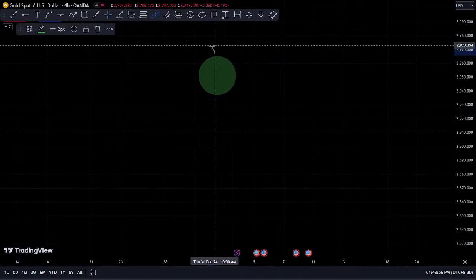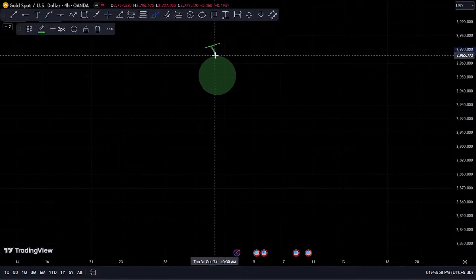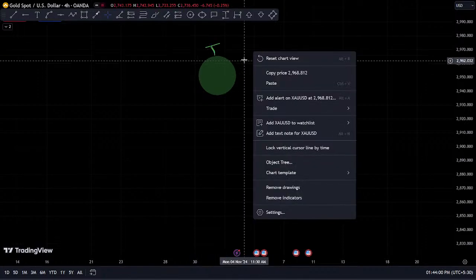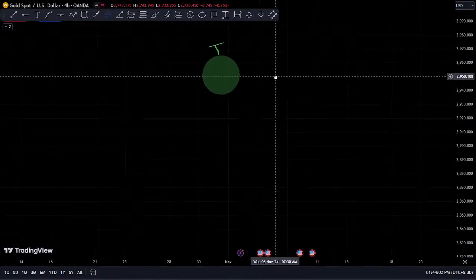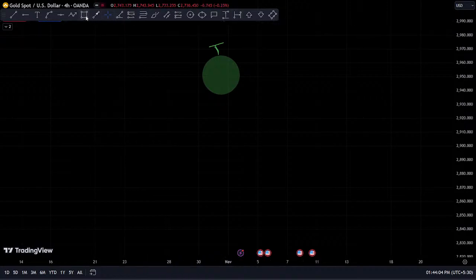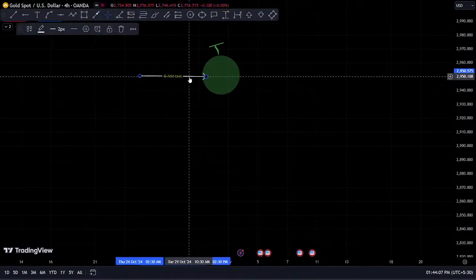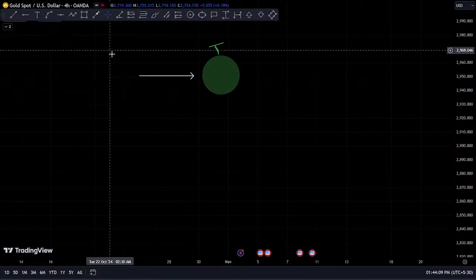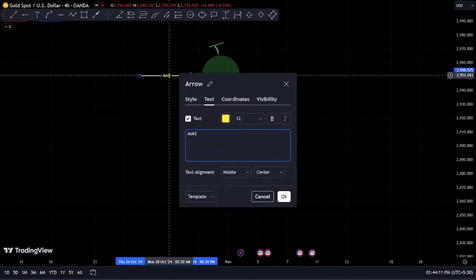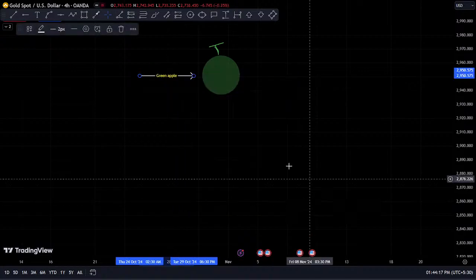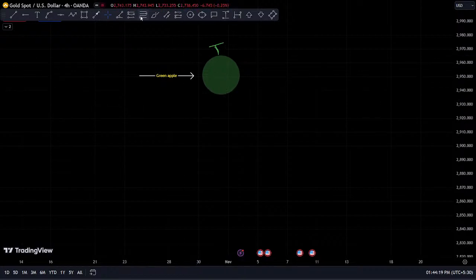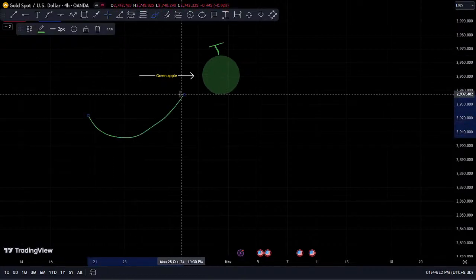This is a fruit. Let's say this is a mango or green apple. Okay, so this is a green apple, and you have this with you.